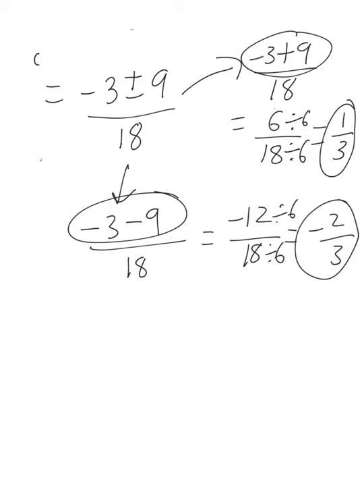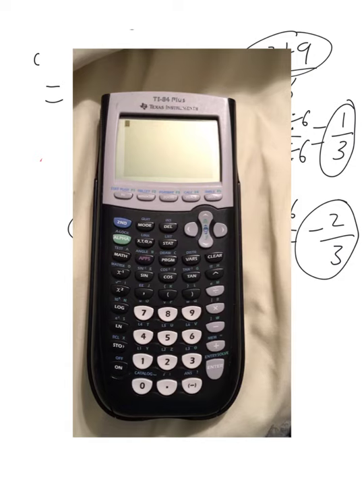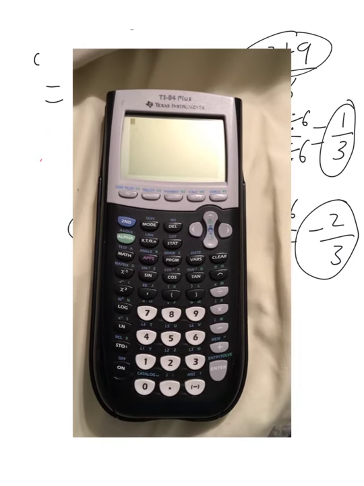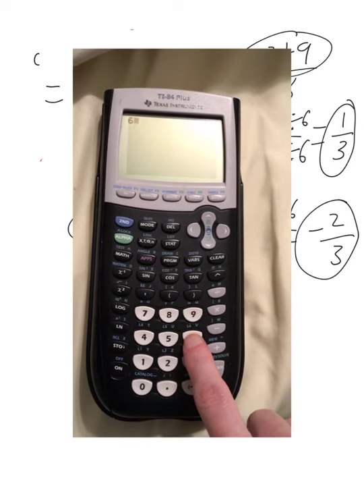However, if you're not a fan of fractions, you don't have to do it in your head. You can also make the graphing calculator reduce for you. So let me go ahead and bring my graphing calculator onto the main screen, and I can show you where that button is to reduce fractions. Starting with the 6/18, to see if that will reduce further, let's type that into the calculator. So I'll type in 6.